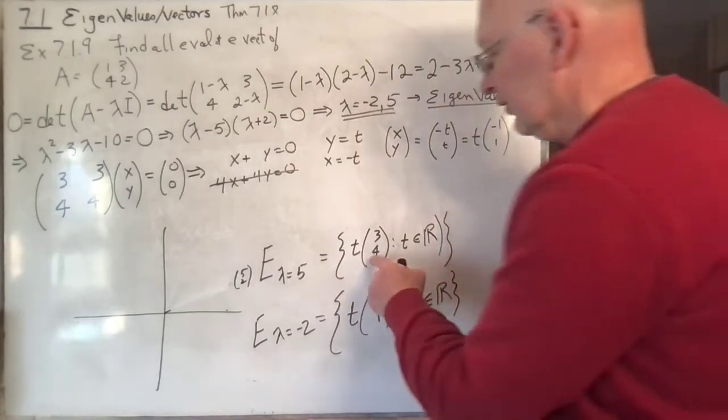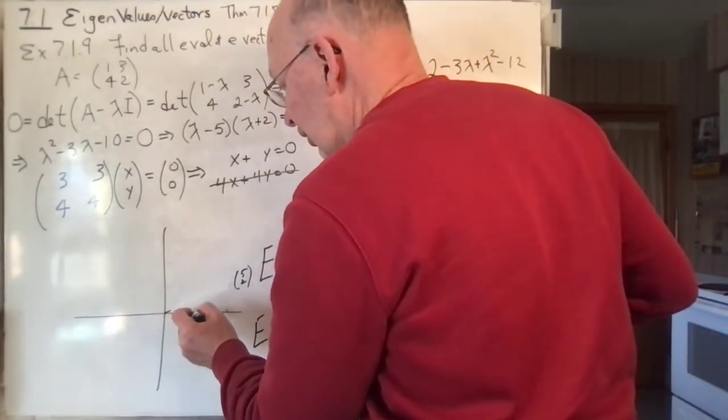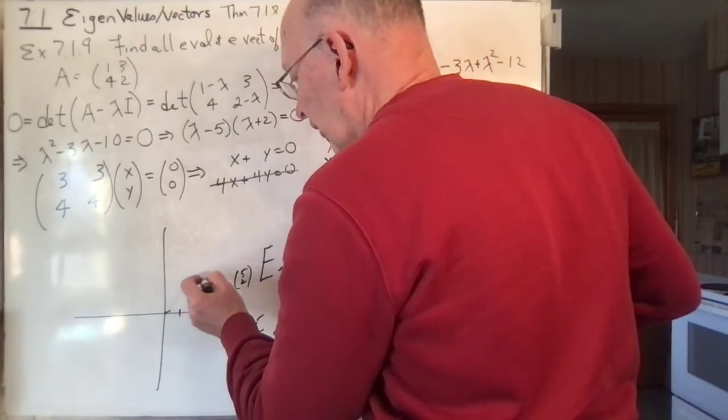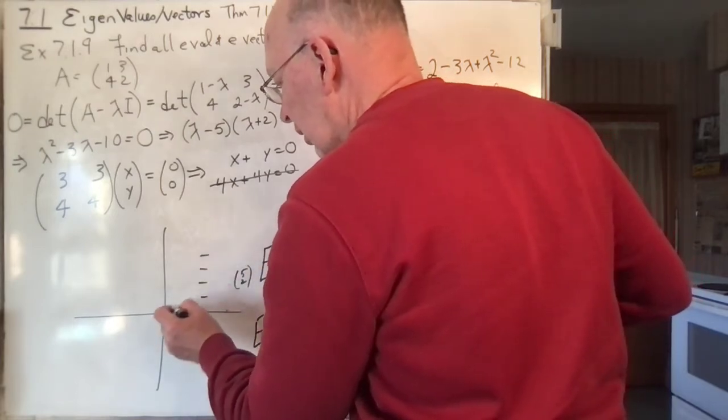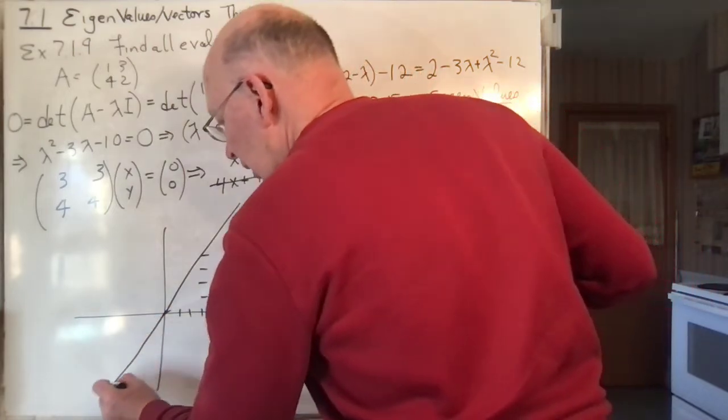But if you take a vector along the line (3, 4), which means the x unit is 3 and the y unit is 4. So there you go. There's (3, 4).